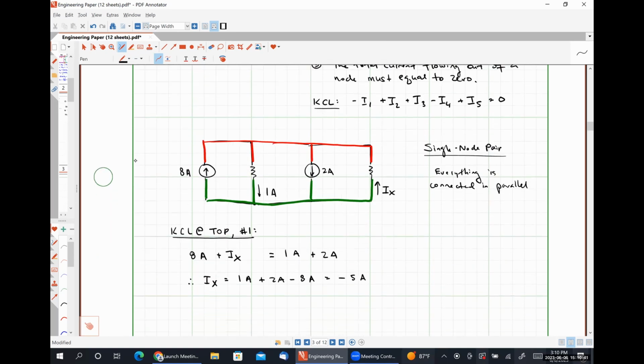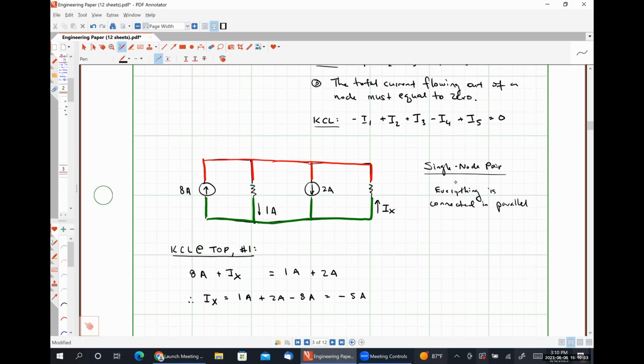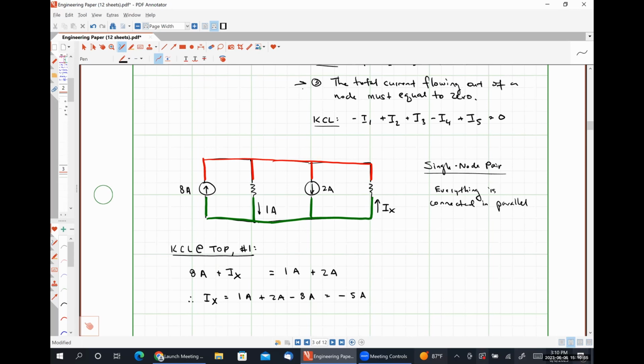Okay. I will say that when we start doing nodal analysis, which if memory serves me right, will be sometime next week, we're going to wind up using formulation number 3 when doing nodal analysis. It's not required, but this particular formulation will give us the least amount of negative signs.